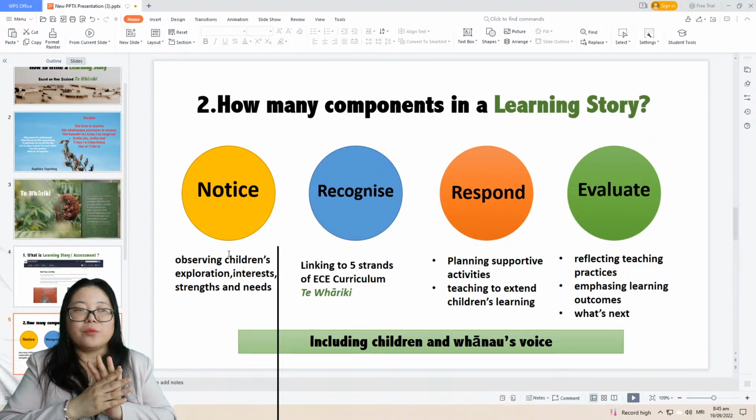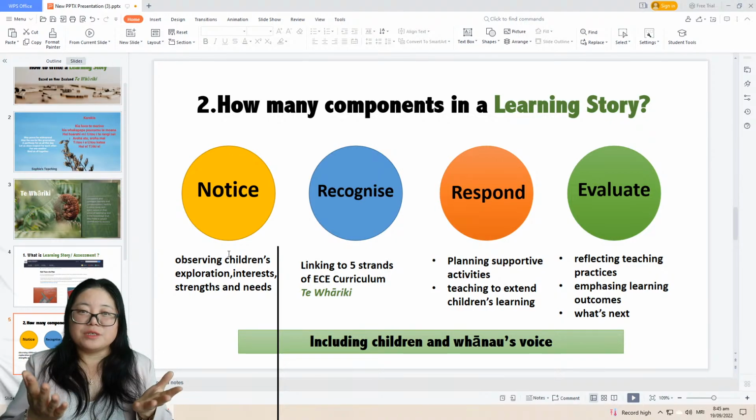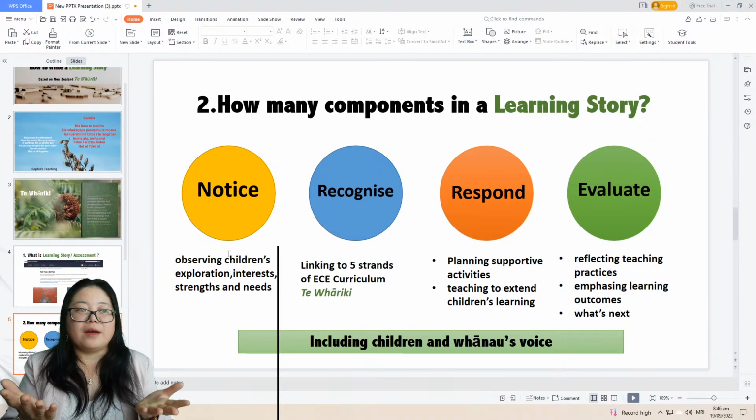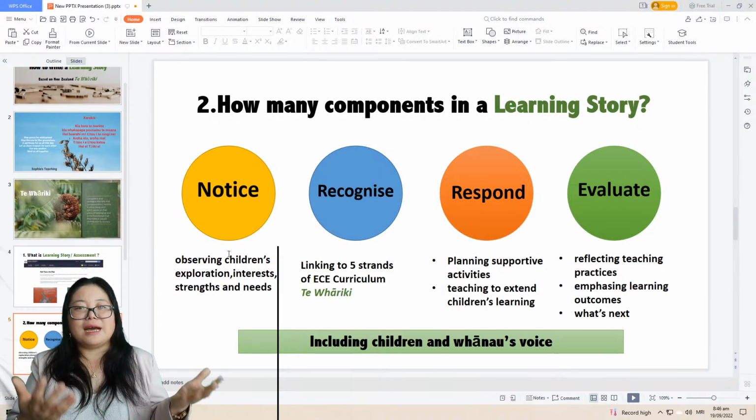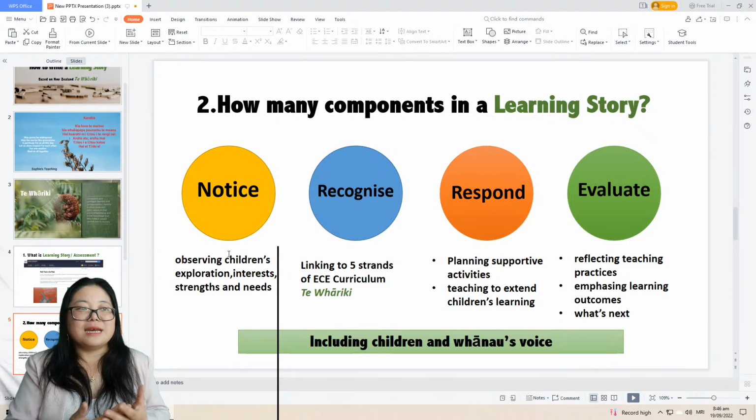That's why we call it a learning story instead of an interesting or really fun story. It's different. Interesting is like describing what is happening, what has happened, and that is really interesting. But a learning story requires you to link to children's learning outcomes, or back a couple of years ago, what we called dispositions.